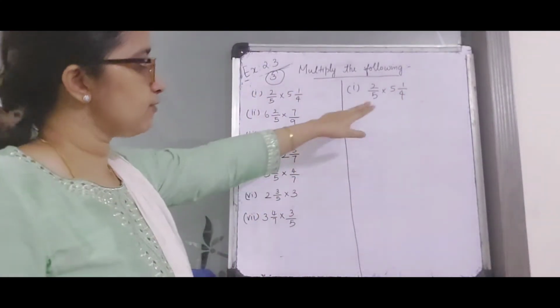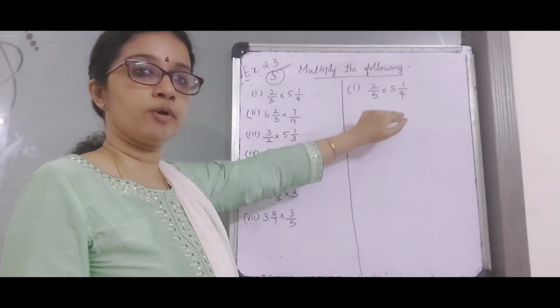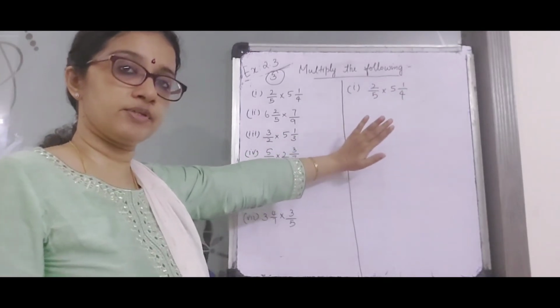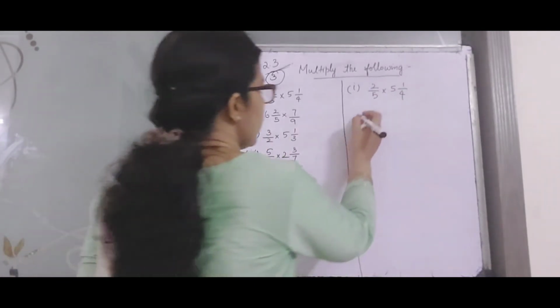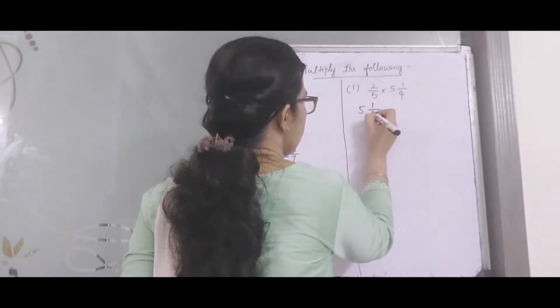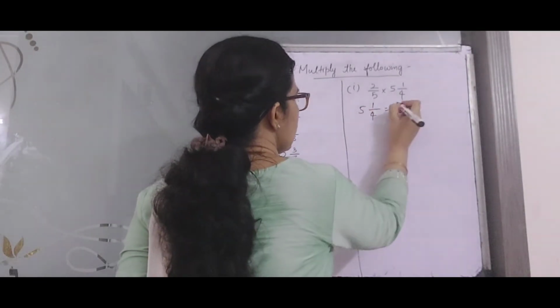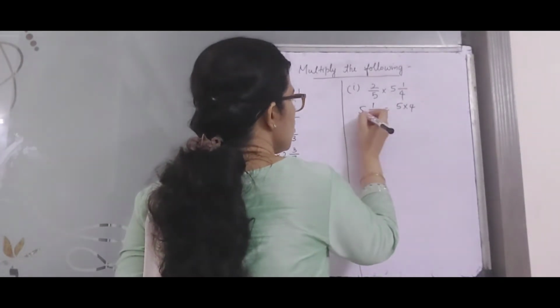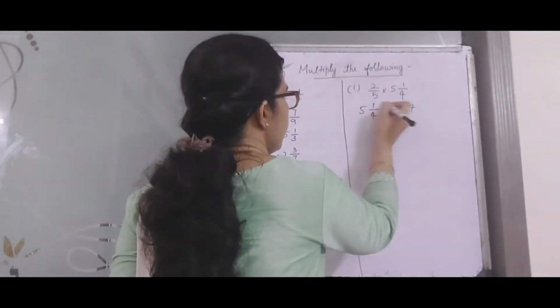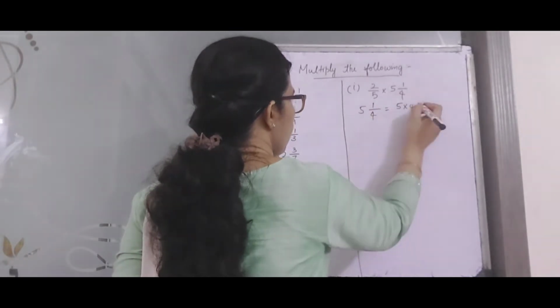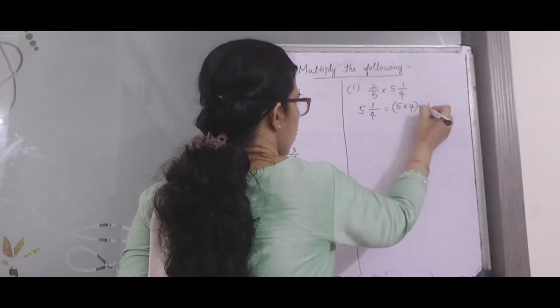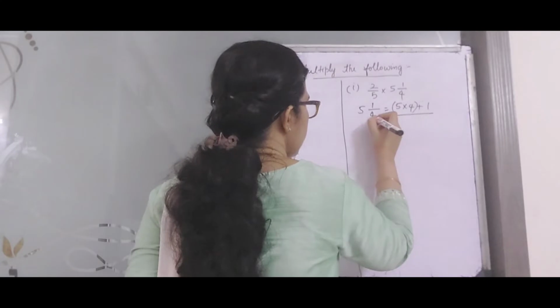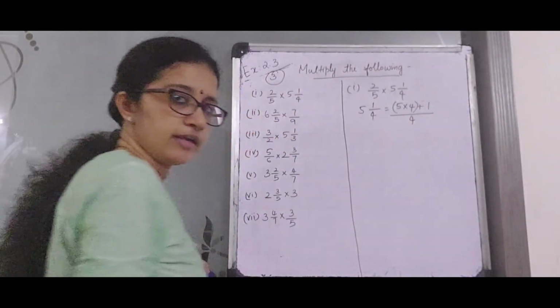Okay. So this mixed fraction has to be converted to improper fraction before doing any operation. Okay. So 5 1 by 4 can be written as 5 into 4, that is quotient into divisor plus remainder. 5 into 4 plus 1 divided by 4. Okay.